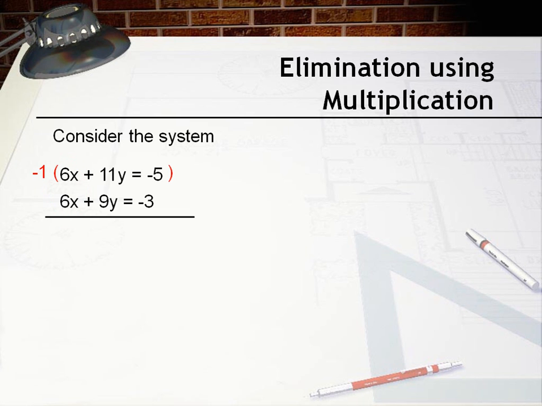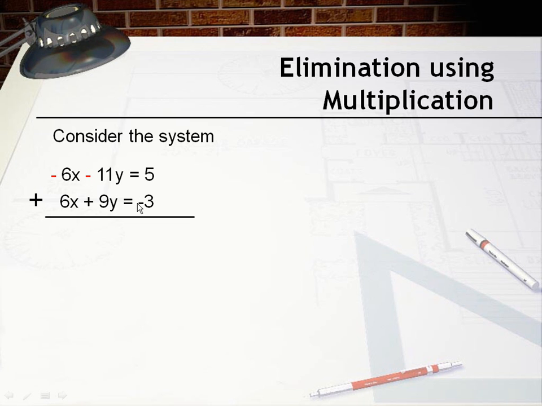In order to do it legally, you would have to multiply one of the equations by -1. So multiply the entire equation, the left side and the right side. So again, -1 times 6x plus 11y equals -5 will turn into -6x minus 11y equals 5 now.